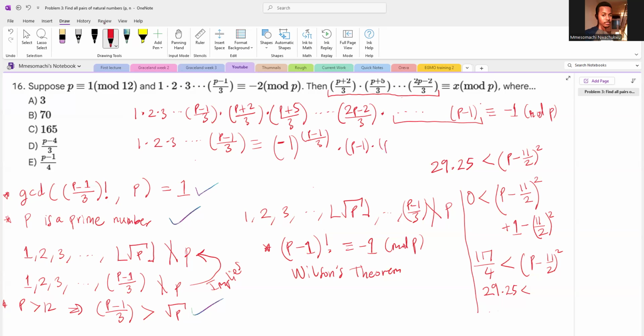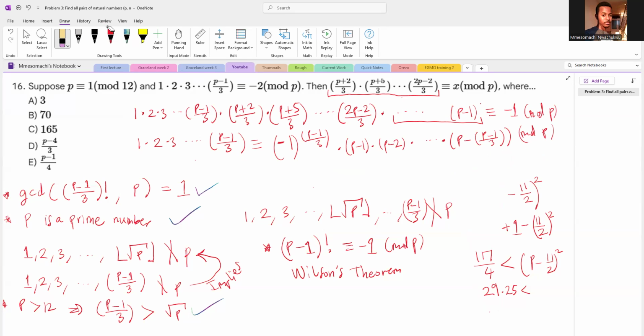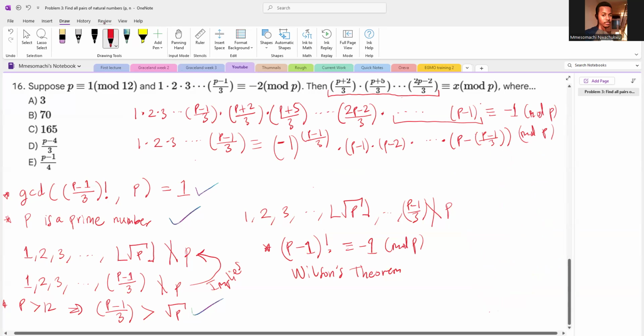So P minus 1 times P minus 2 times up to P minus 1 over 3, mod P. Let me erase this so that we don't get confused. So this has served its purpose. Okay, so we have this is congruent to this.